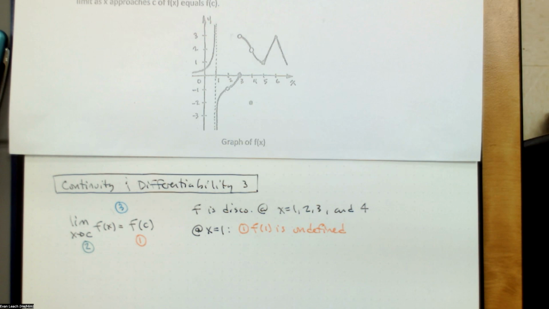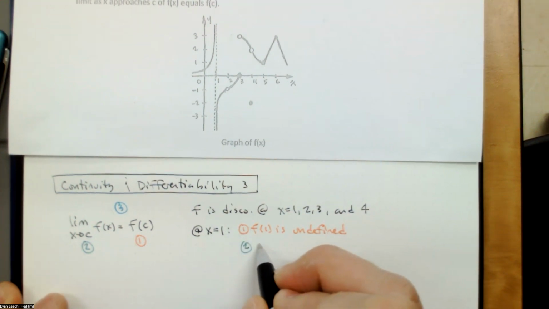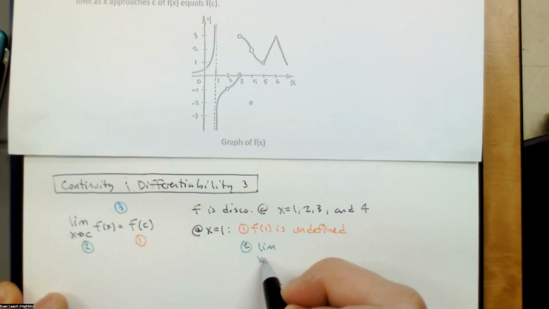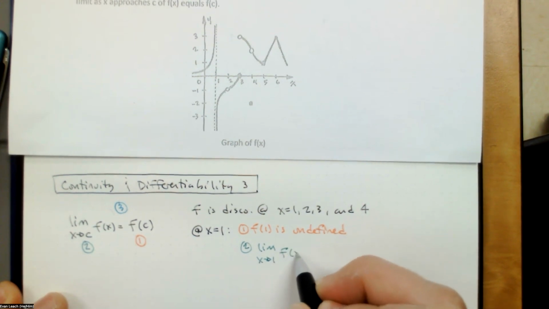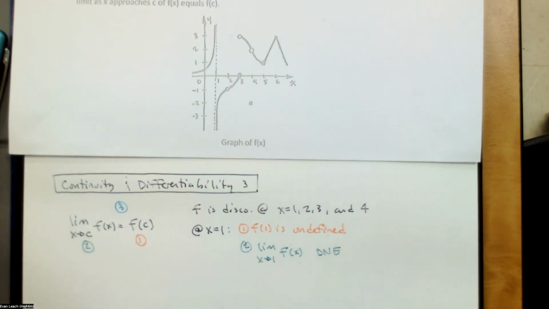We're not approaching any value. From the left, the function is headed to infinity, not a value. From the right, the function is headed towards negative infinity, also not a value. The limit just doesn't exist.